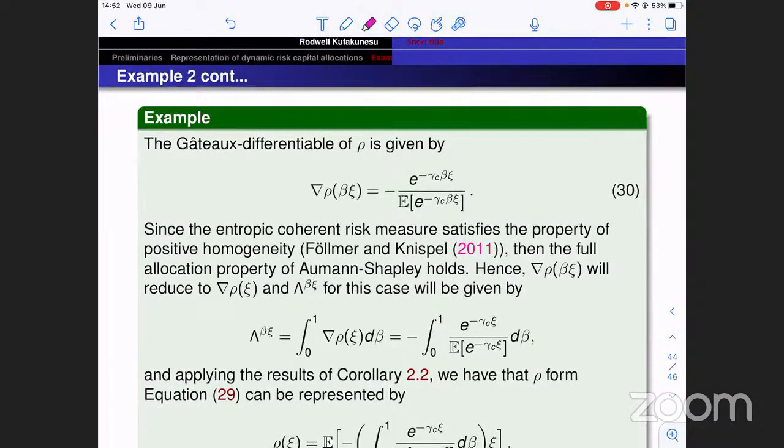Let me say gamma is between 0 and 1. The gamma is also representing the asset allocations, 0 or 1.